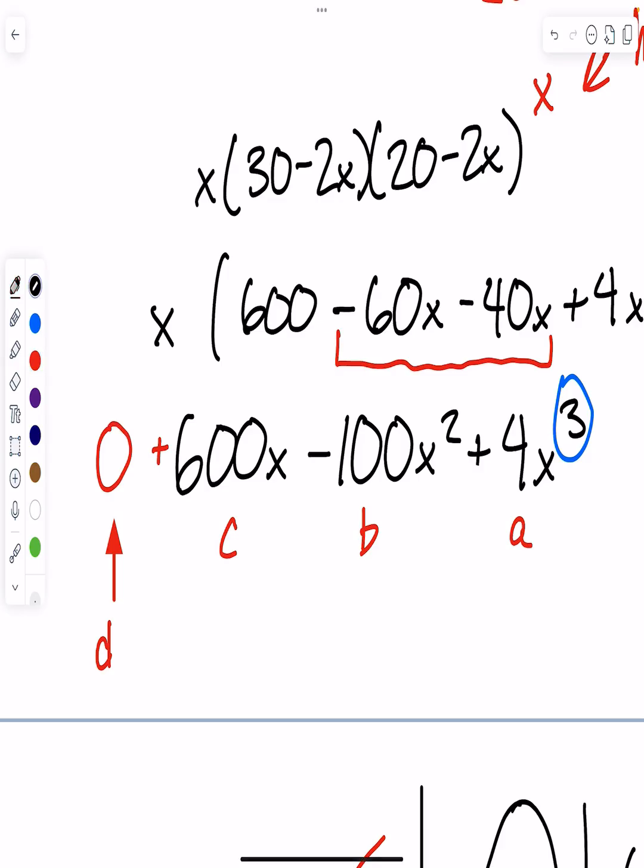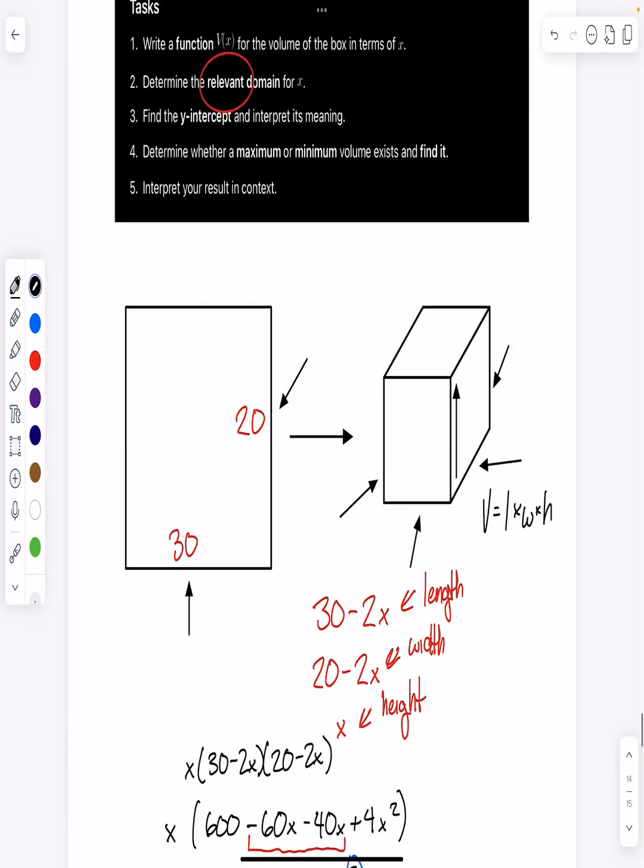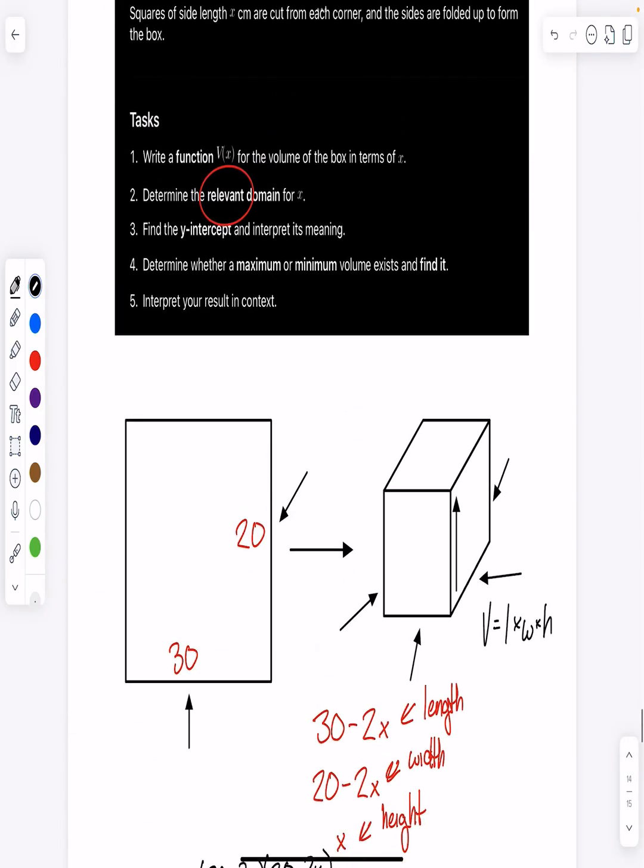Given the y-intercept is 0, that means I have no volume. The point where I have no volume is when I haven't folded the cardboard sheet yet. So that would be the interpretation: my y-intercept is 0 because if I choose not to fold this cardboard sheet, then I'll have no volume. No volume corresponds to 0, right?